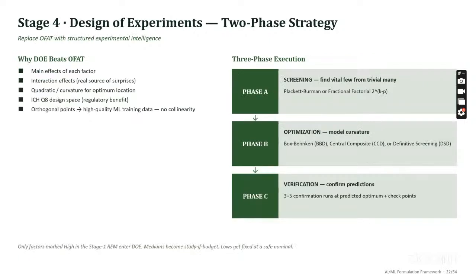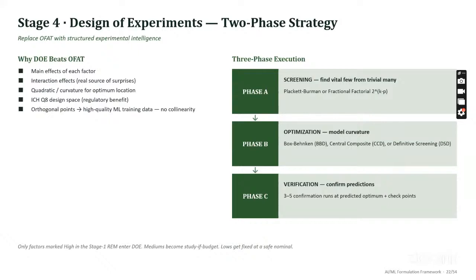Next, design of experiments. In stage 4, in design of experiments, we replace one factor at a time with a structured design of experiment. It captures interaction and curvature, gives a regulatory design space, and produces clean ML training data. There are three phases: screening, optimization, and verification.